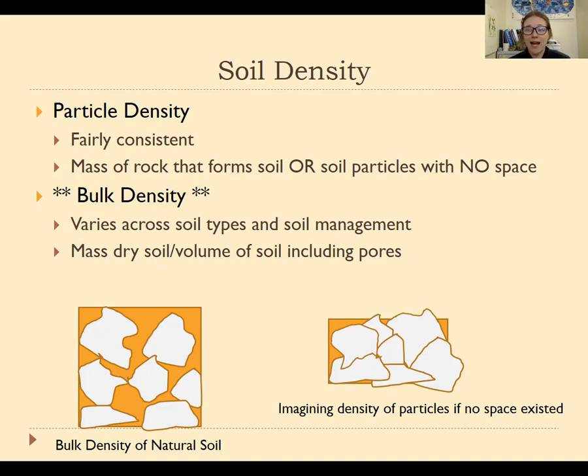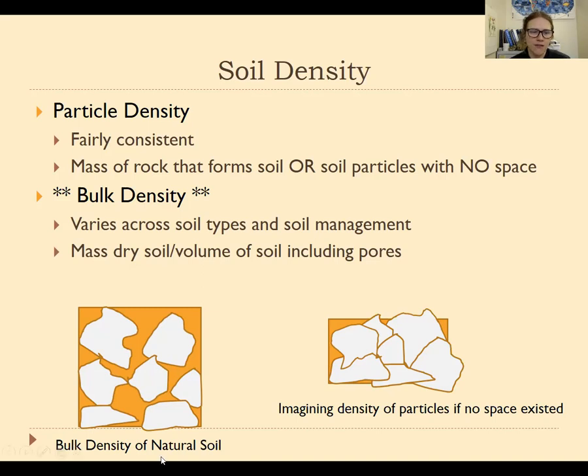Again, it's always going to be less than the density of straight-up rock, which is again about 2.7 grams per cubic centimeter. We measure bulk density as the mass of dry soil divided by the volume, the space that the soil takes up.